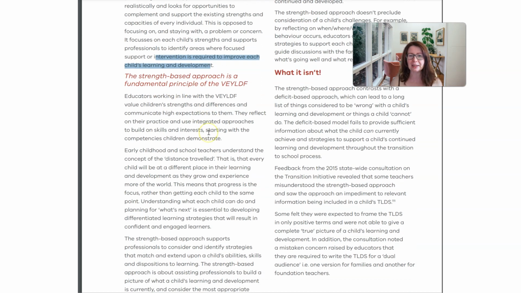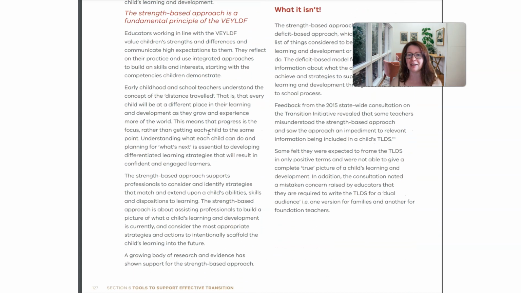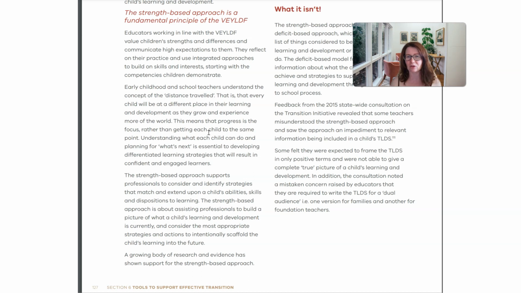So you can also imagine that there is another approach that resonates with the strengths-based approach, and we know it as growth mindset. I'm going to make a whole video on growth mindset soon, so stay tuned. But at this moment, you can remember that the new EYLF 2.0 talks a lot about growth mindset, and we need to be aware of it.